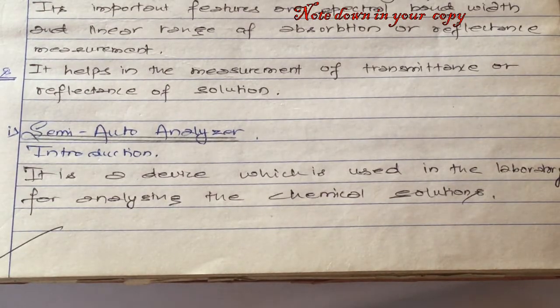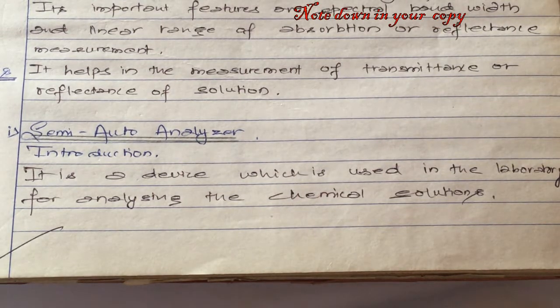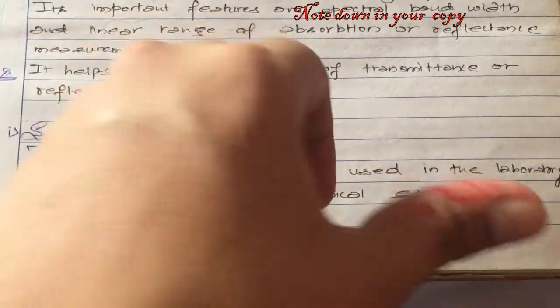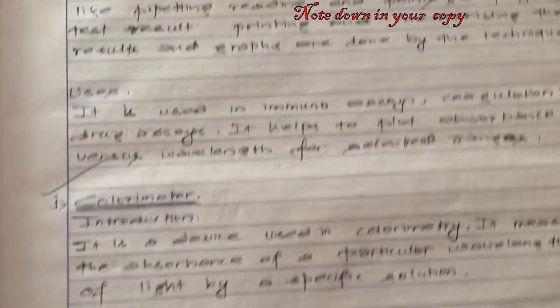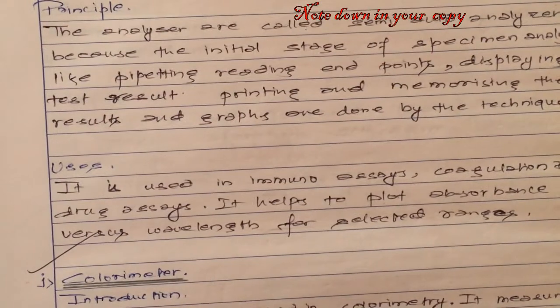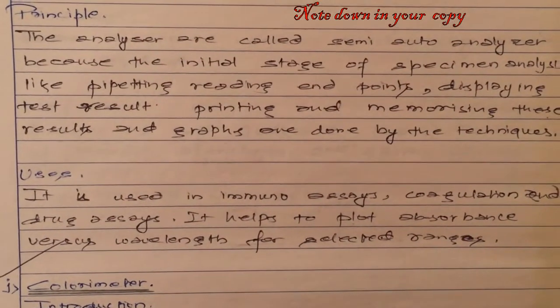Now we talk about another important topic, that is the semi-auto analyzer. It is a device which is used in the laboratory for analyzing chemical solutions. Now let's talk about the principle of the auto analyzer.